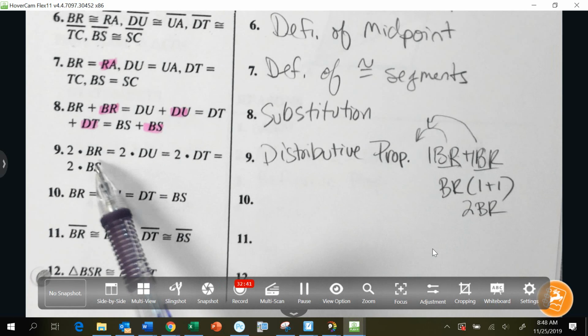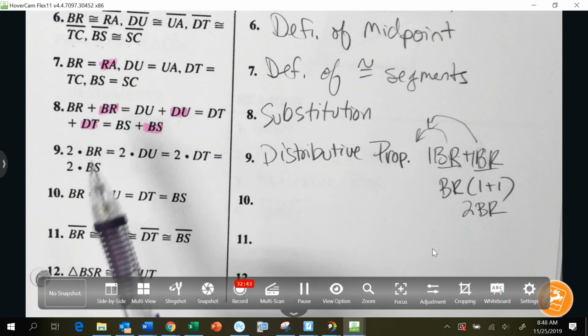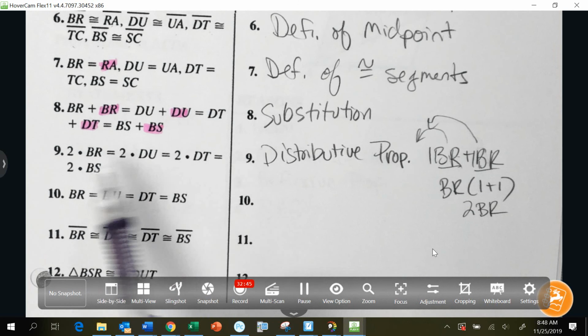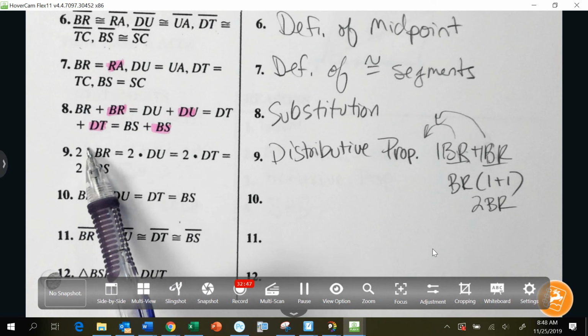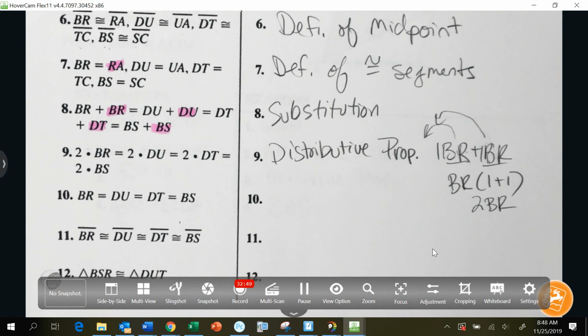All right, from this big old equation to number 10, how did we get from this one to number 10? From number 9 to number 10, what did we do? Maggie, how did I get from number 9 to number 10? You don't have to tell me the property.